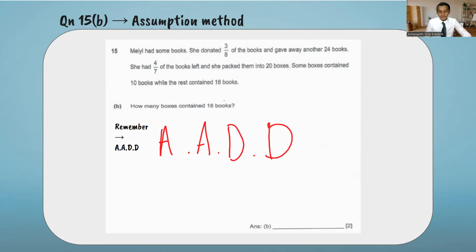So, the first A is for assume. So, you must multiply and assume. The second A stands for assumed minus actual or actual minus assumed.